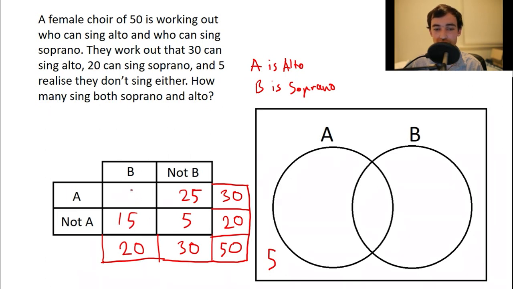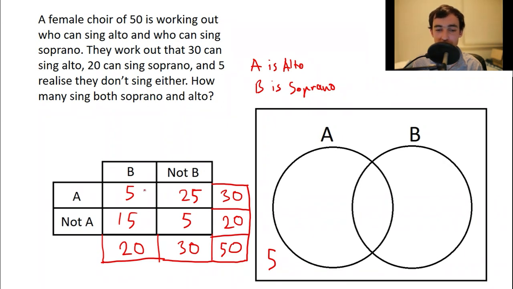Now I've got two ways of finding this last one. I can either subtract 15 from 20 and get 5, or I can subtract 25 from 30 and I'll also get 5. And it's a good thing that I'm getting 5 both ways. That means I'm doing the right thing.